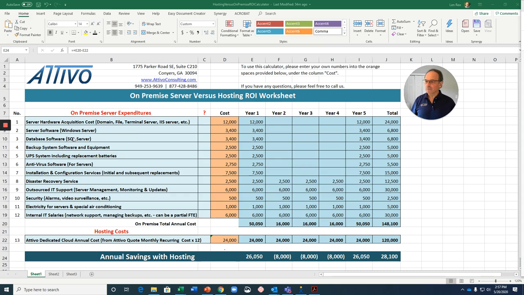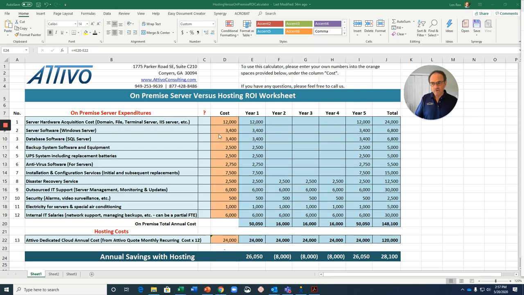So here you would enter all of the server costs that you anticipate. Remember, if you're hosting a product like Macola or SAP Business One, it requires multiple servers, and it's not a best practice to have every part of those services loaded on the same server. So at a minimum, you need a server capable of being virtualized, and certainly one that has RAID 5 hard drive support.